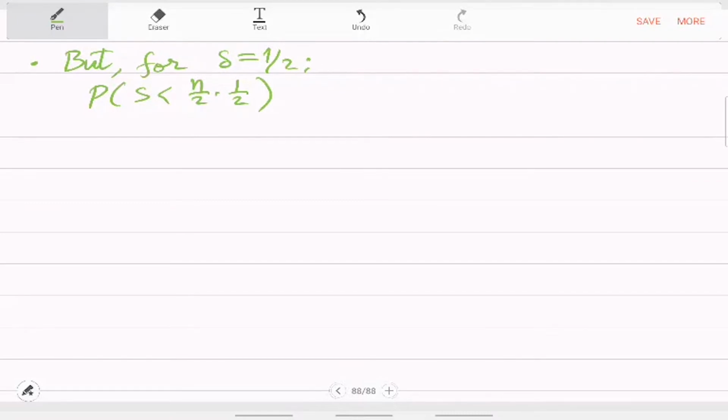So this is by Chernoff bound e raised to minus n by 2 and delta square by 2. So you get e raised to minus n by 16. Okay, and that clearly is an exponential decay.